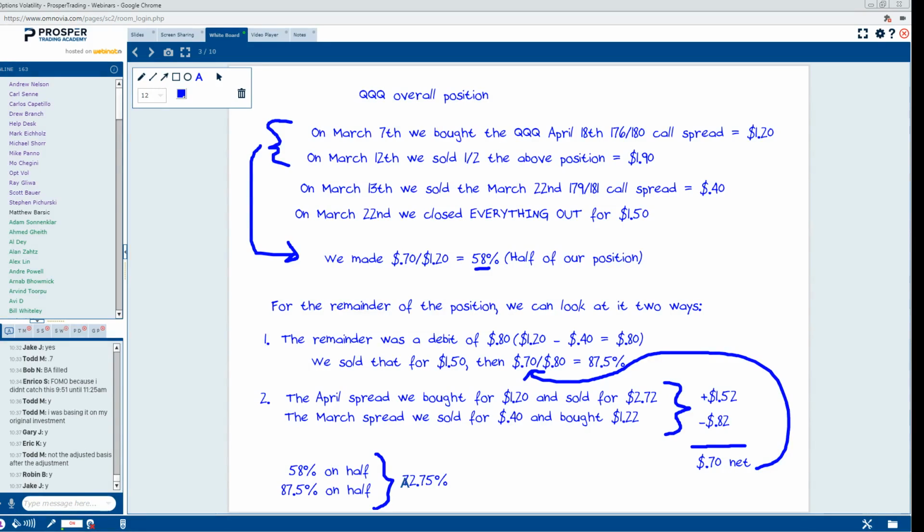In hindsight, with that rearview mirror instead of a crystal ball, it was not a great adjustment for the overall profitability of our position. But at the time, it was a fantastic risk adjustment to be able to take some profits off the table.